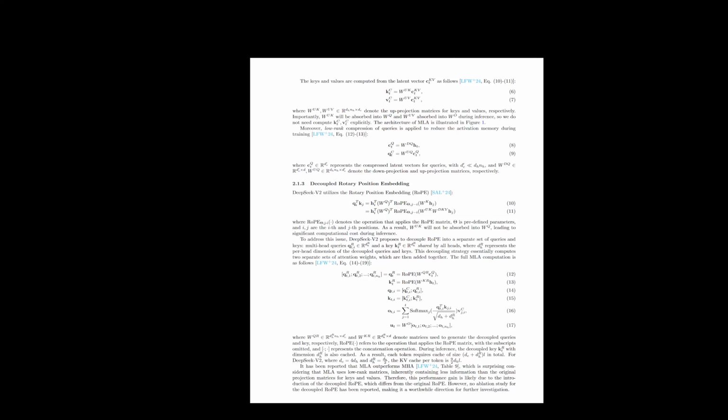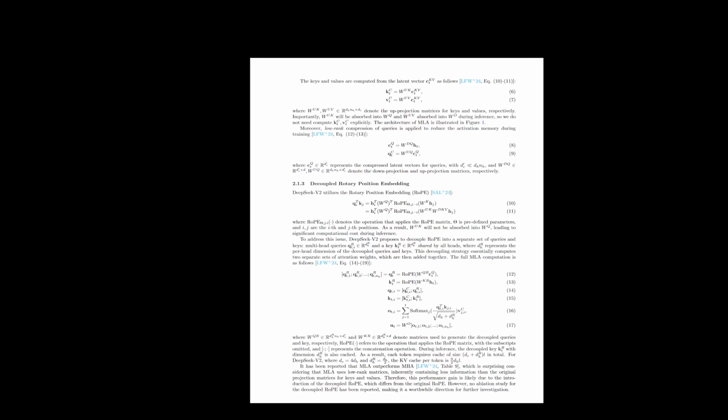Importantly, W^UK will be absorbed into W^Q and W^UV absorbed into W^O during inference, so we do not need to compute k^C_t and v^C_t explicitly. The architecture of MLA is illustrated in Figure 1.